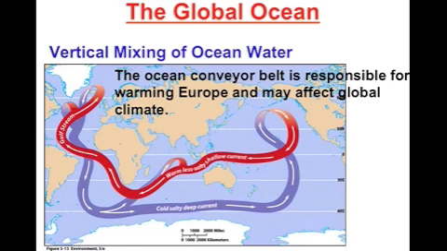So if the Gulf Stream didn't have that moving warm water, Europe's climate would probably be substantially different. Now, these currents, however, are susceptible to change and they may fluctuate with varying conditions.